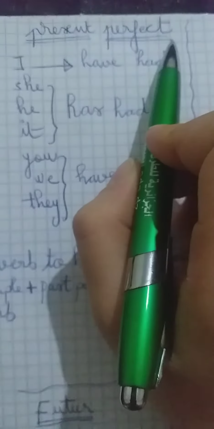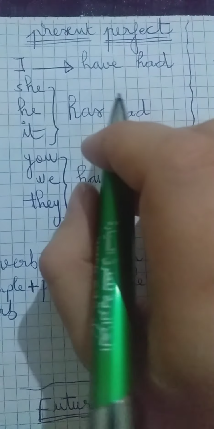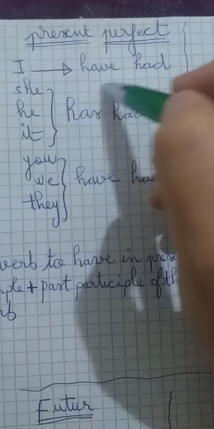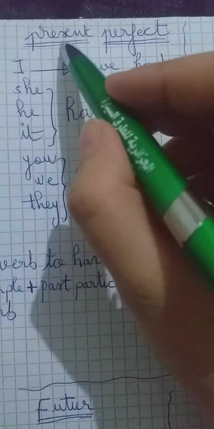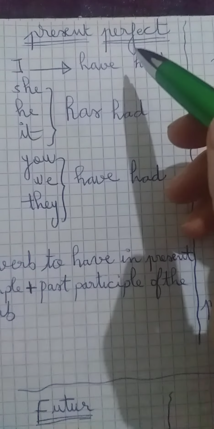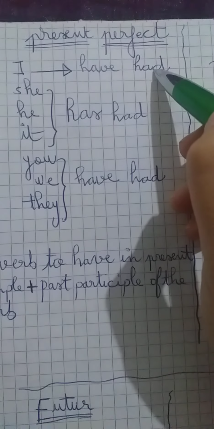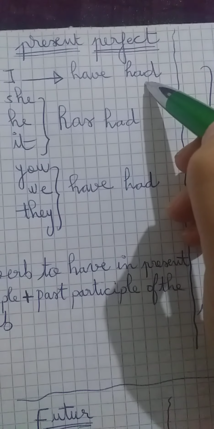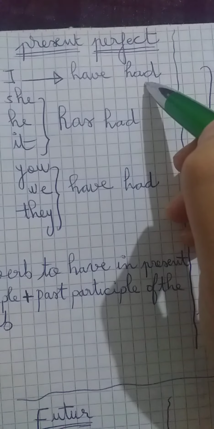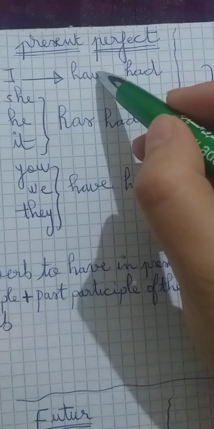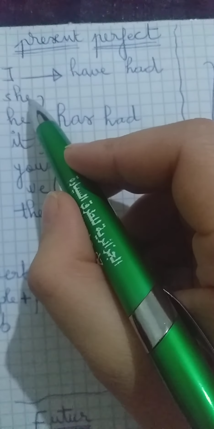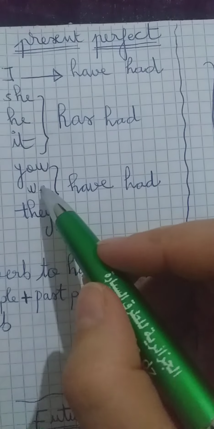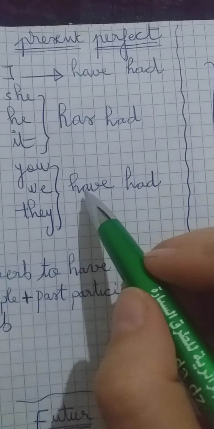Present perfect in English with the auxiliary to have. So we have the verb to have in present simple, because it is present perfect, present plus the past participle of the verb. Here we have the auxiliary to have. To have in present simple with I is have, with the singular personal pronouns is has, and with plural personal pronouns is have.